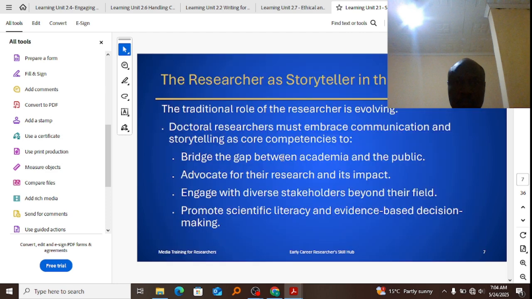So, the researcher is a storyteller in the 21st century. As a researcher, you are a storyteller. You tell a story about your research, about your findings. The traditional role of the researcher is evolving.